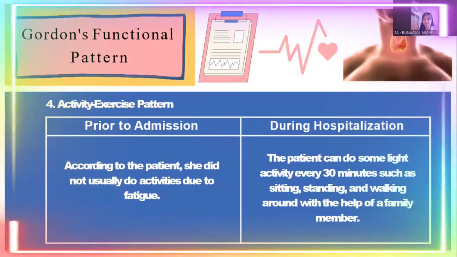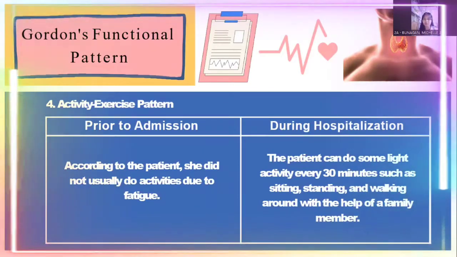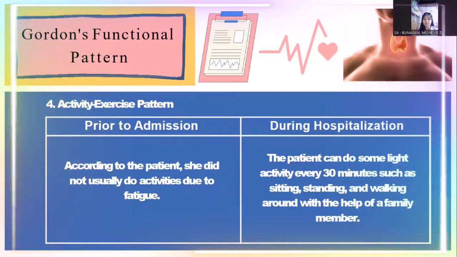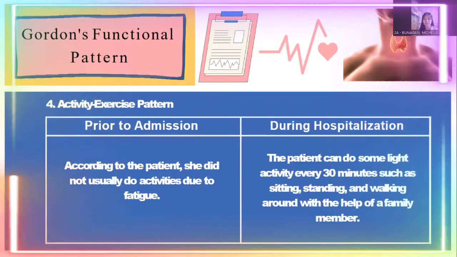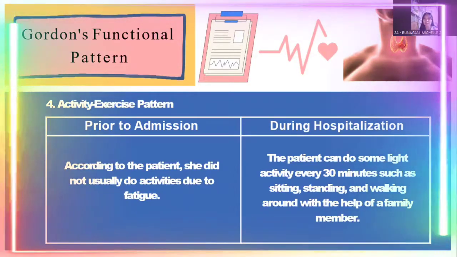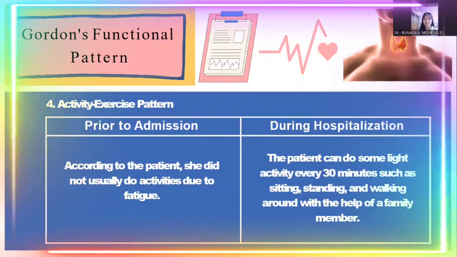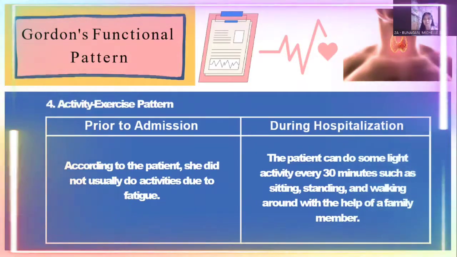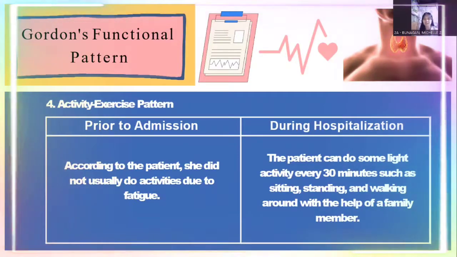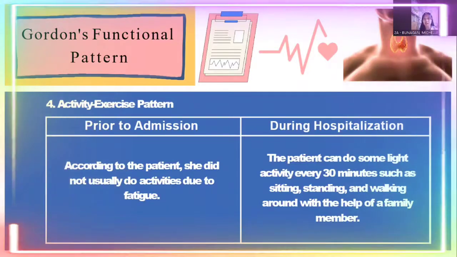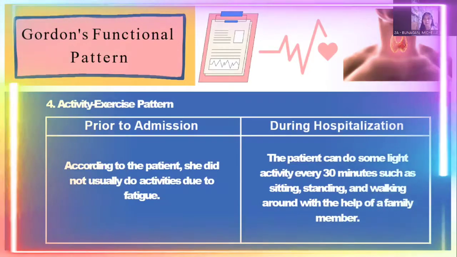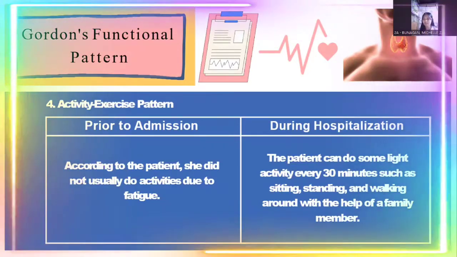For activity exercise pattern, prior to admission, according to the patient, she did not usually do activities due to fatigue. During hospitalization, the patient can do some light activity every 30 minutes, such as sitting, standing, and walking around with the help of a family member. Next, please.